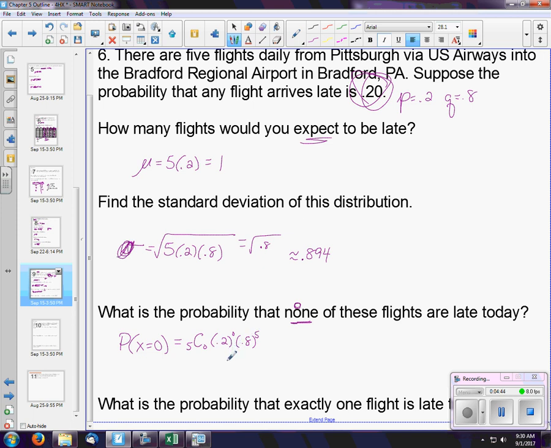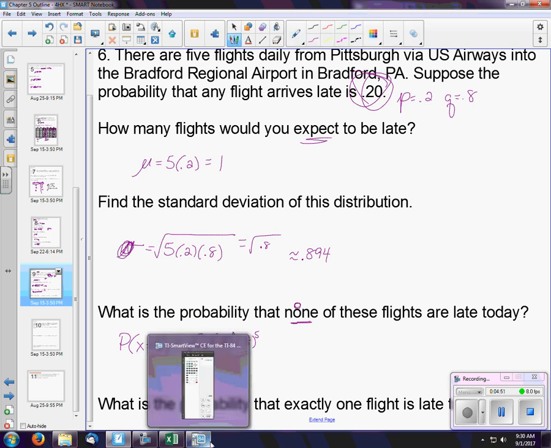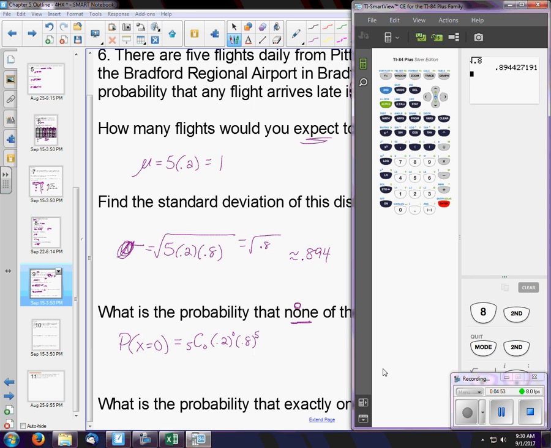From here, there are multiple ways to approach simplifying this. You can do this one step at a time, or you could type this in your calculator all at once, and later I'll show you a trick using a function that's pre-programmed. If you want to type this in your calculator all at once, you'll do it as follows. 5, math, go to your probability window and select option 3. It's always a combination here with 0.